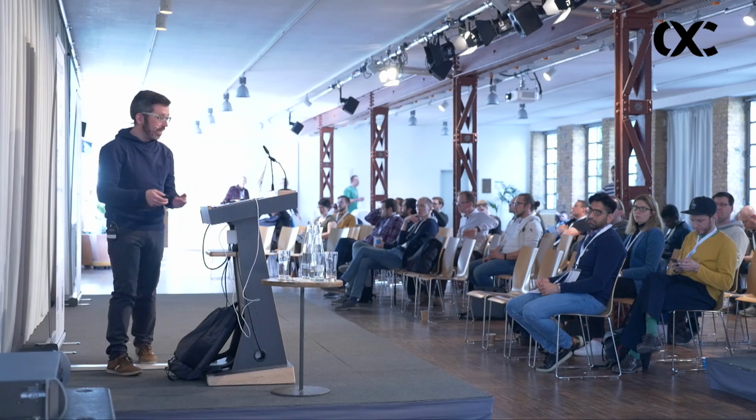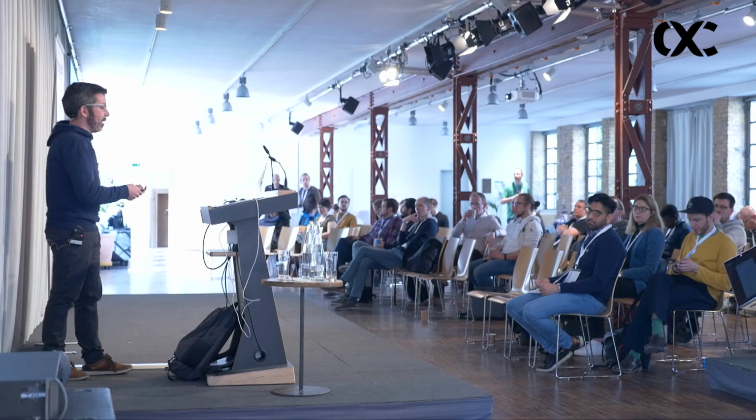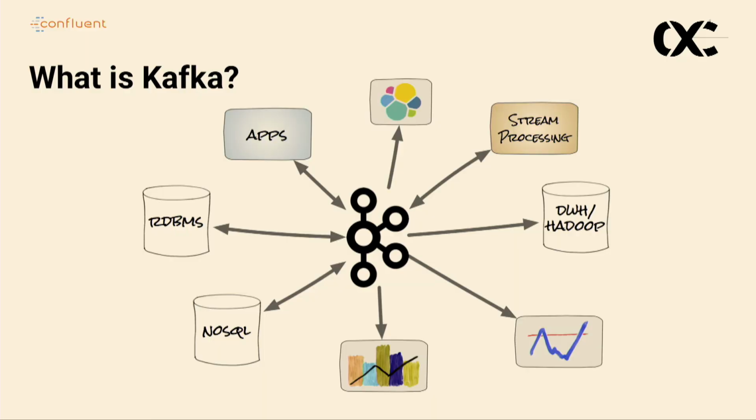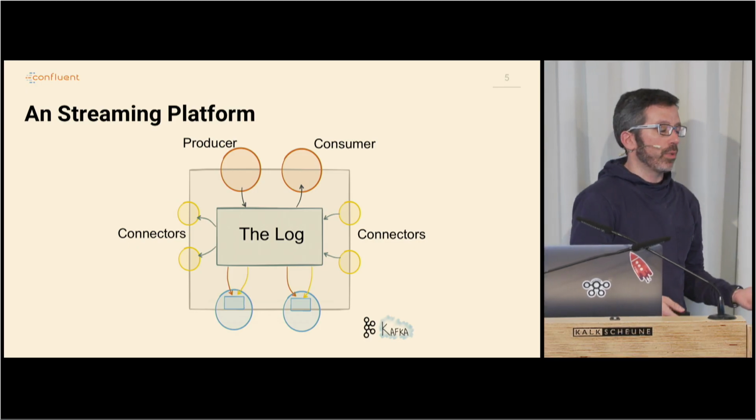It lets you, for example, connect your relational database with Elasticsearch to build search pipelines, or with your data warehouse to build your data lakes, etc. It's actually a streaming platform. It's a platform that lets you connect systems to other systems, that lets you produce and consume data, and that lets you enrich and process that data.